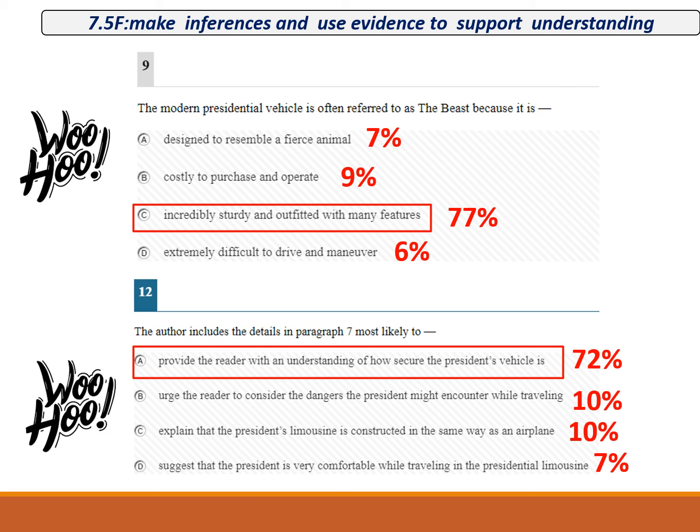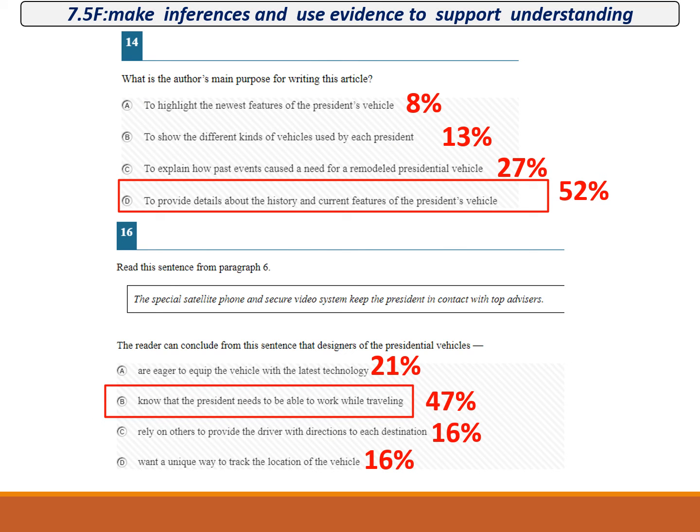Let's move on to the last two 5-8 questions for the informational selection. We can see already just by the data that with questions 14 and 16, 7th graders found these to be a little bit more challenging. Question 14 reads, what is the author's main purpose for writing this article? 52% of students chose the correct answer, which was D, while 27% of students were distracted by C. Choice D is partially correct.